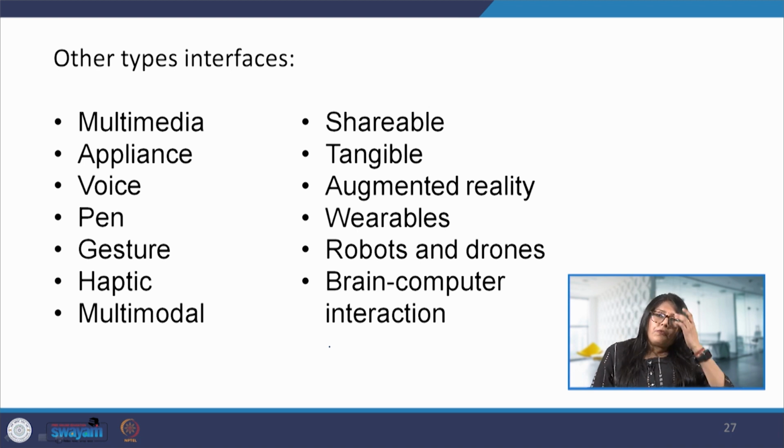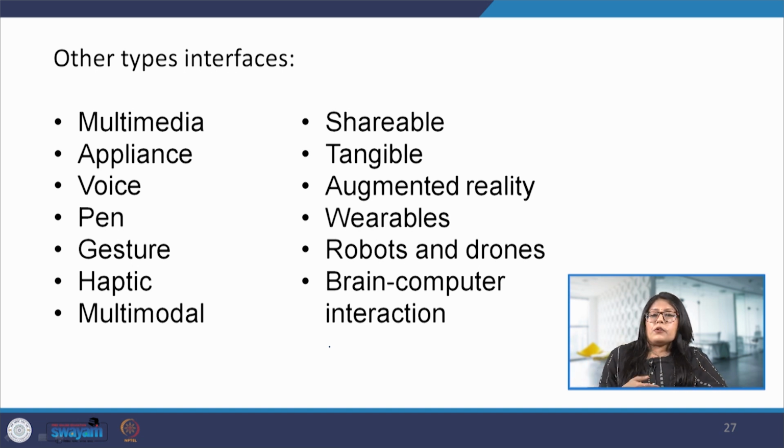Some other types of interfaces we can see are multimedia and shareable interfaces. Shareable interfaces are also a very interesting area of study, because it has been found that when people interact on a shareable device, they learn better and they also get to see the response of the other person quickly.